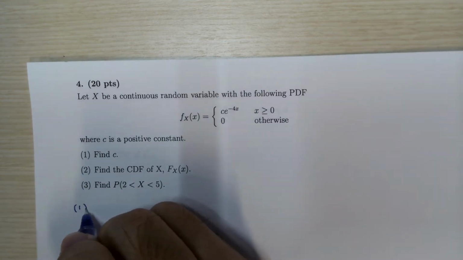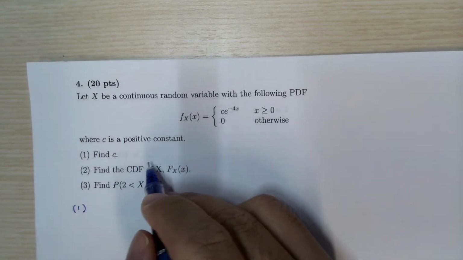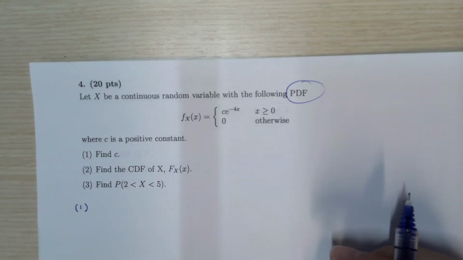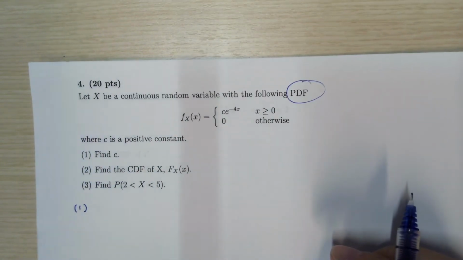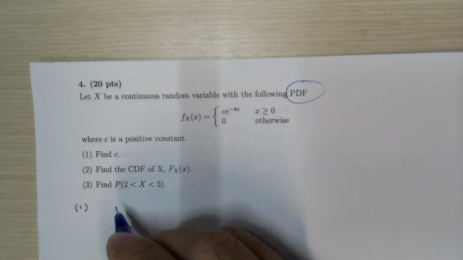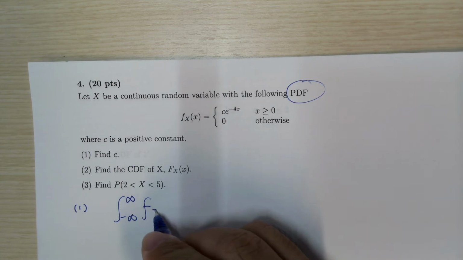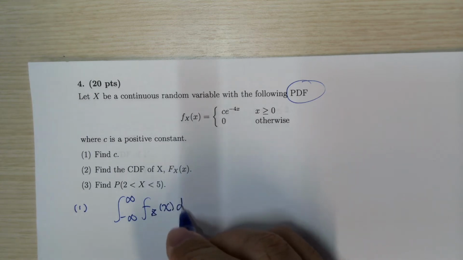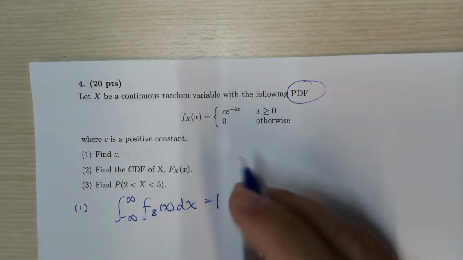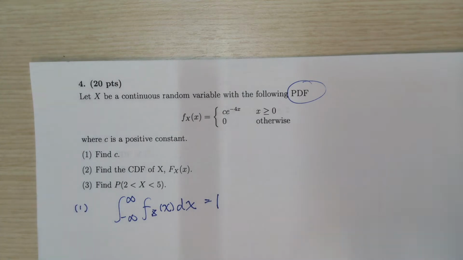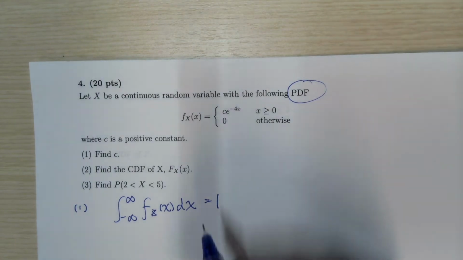First, to figure out C, based on the property of the PDF, the integral from negative infinity to positive infinity of f(x) dx equals 1. That is one of the properties of the PDF.